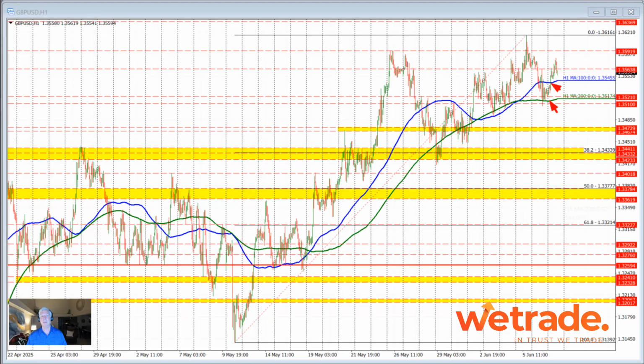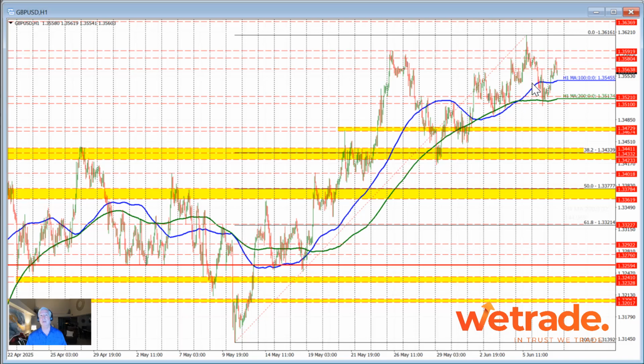We moved up toward the swing level that we saw from Wednesday's trade right through here, and found willing sellers against that level. So there is a kind of head and shoulders formation, with a shoulder here, a head here, and a shoulder potentially here, and a neckline coming down through here.